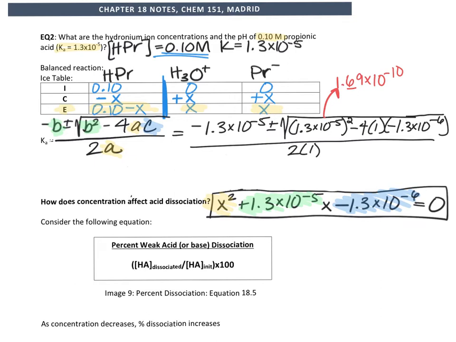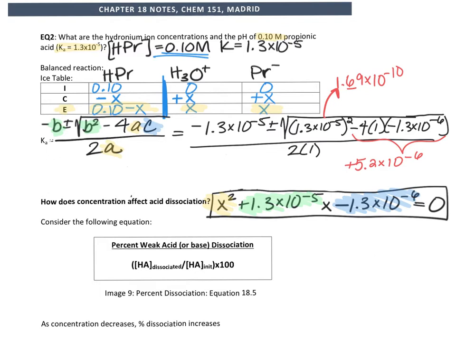Negative 4 times negative 1.3 times 10 to the negative 6. This right here gives me positive 5.2 times 10 to the negative 6.